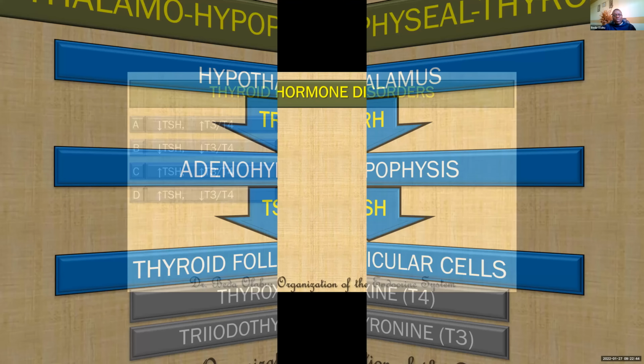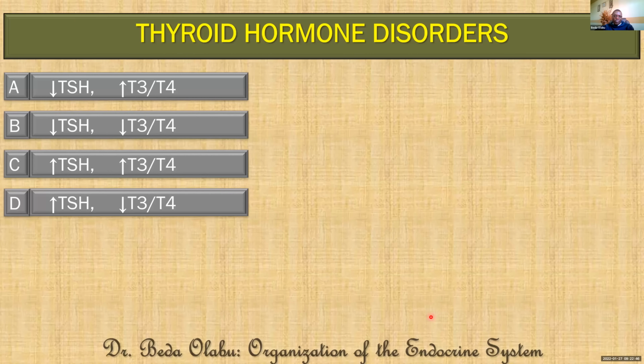Good. Now let's talk about thyroid disorders. What you're seeing here are laboratory results, or possible laboratory results, of some patients with perhaps thyroid disease. One of the things that needs to be checked is the levels of hormones. Routinely, you check the levels of TSH and the levels of T3 or T4.